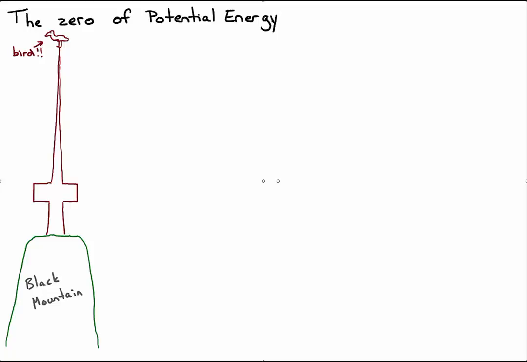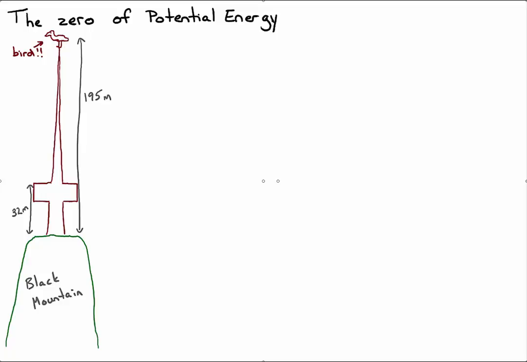Now, the observation deck of Black Mountain Tower, or Telstra Tower, is 32 metres above the ground level of the top of the mountain. So there we go, there's our 32 metres. Now the bird's quite a bit higher, and I'm not saying this diagram is to scale, but the bird is about 195 metres above the ground level.